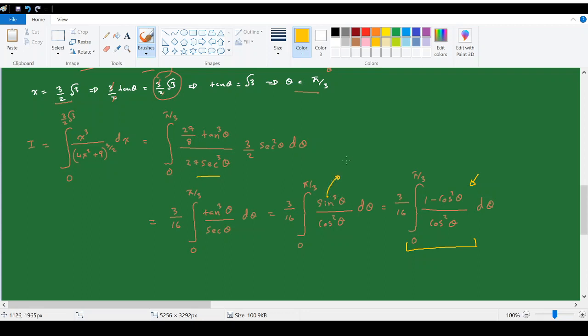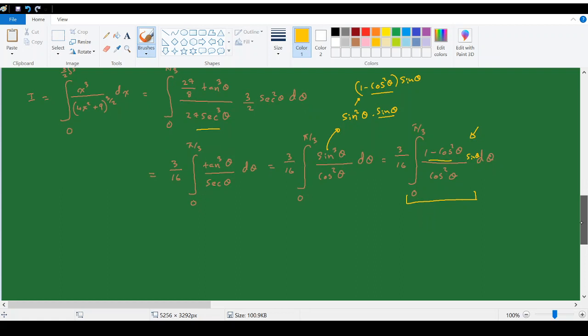So sine cube can be written as sine squared theta times sine theta, and this sine squared term can be written as 1 minus cos squared theta, but still you will get another additional sine theta term. So this is the 1 minus cos squared theta term, but it will come with another additional sine theta d theta term.